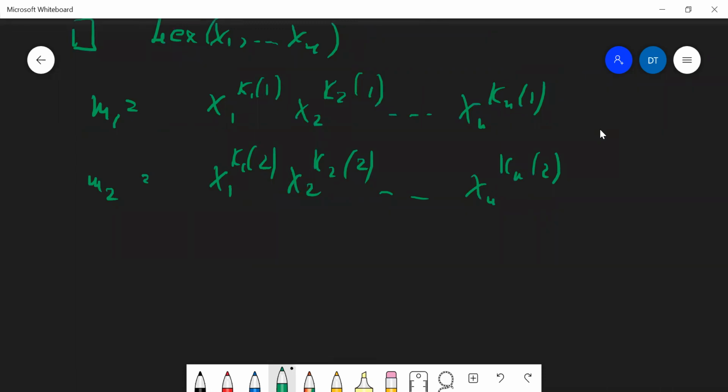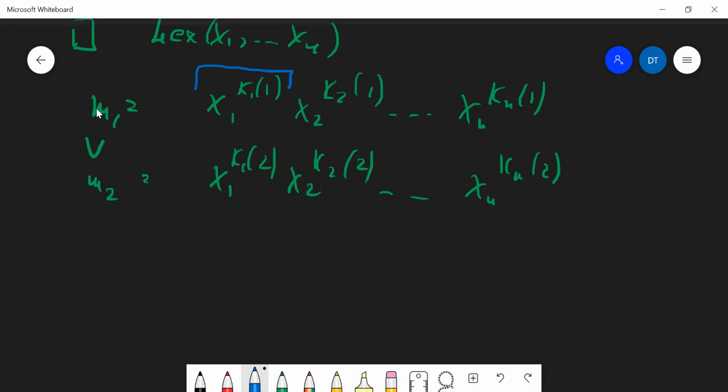Okay, but now we know that this monomial is strictly smaller than the first one. So by definition, we have two options. First of all, I want to consider only the first column here. I want to take a look at the first variable and compare their degrees. If K1 of 1 were smaller than K1 of 2, then by definition of the lexicographical order, M1 would be smaller than M2.